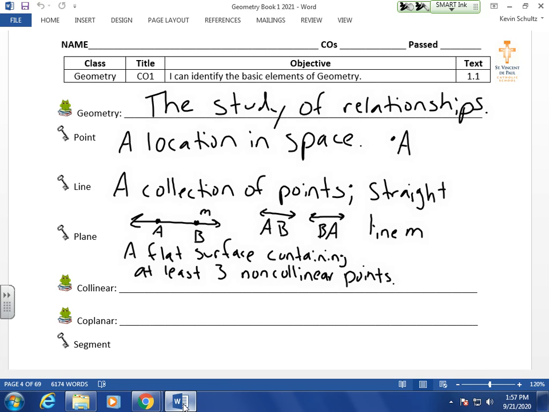A flat surface containing at least 3 non-collinear points. You can think of your tabletop as like a plane, okay? A flat surface containing at least 3 non-collinear points.